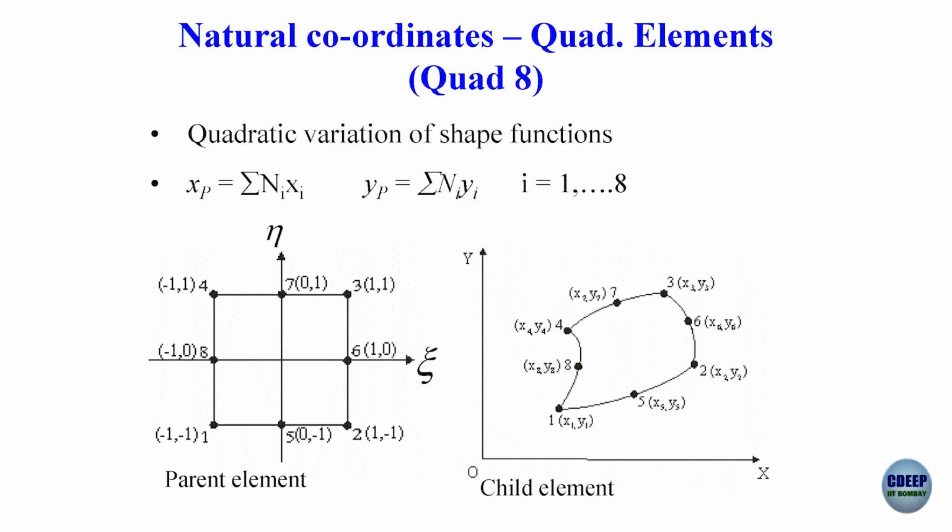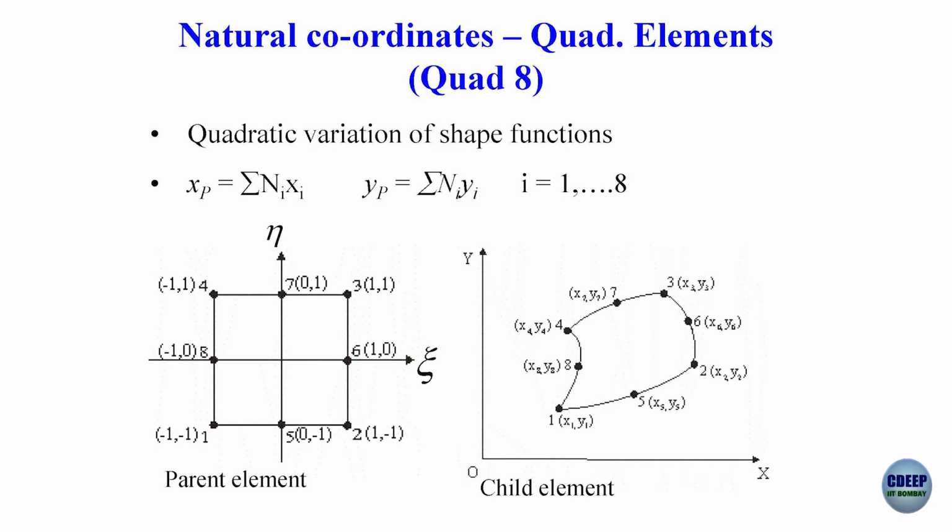Now in the real world physical element, each point would have a corresponding point, so there will be similar nodes. But now I want to see if the edge 263 I focus on, that is straight, zeta is equal to 1 in the parent natural coordinates.